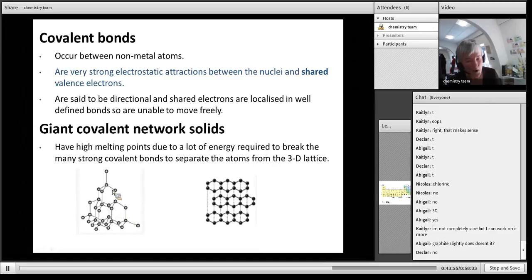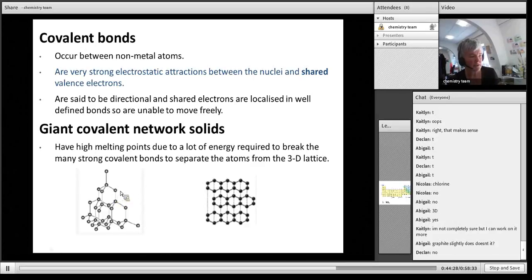Okay, and why is it so hard? You have to explain that each carbon forms 4 covalent bonds, very rigidly in a tetrahedral shape. So every carbon atom is stuck in its position with 4 others keeping it there. So there's no room for flexibility, and so it makes it really, really hard.